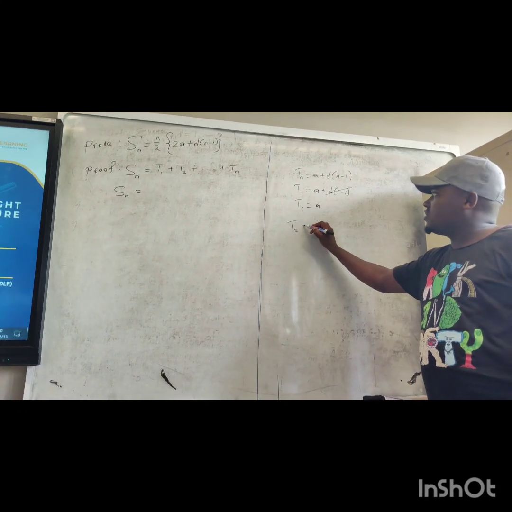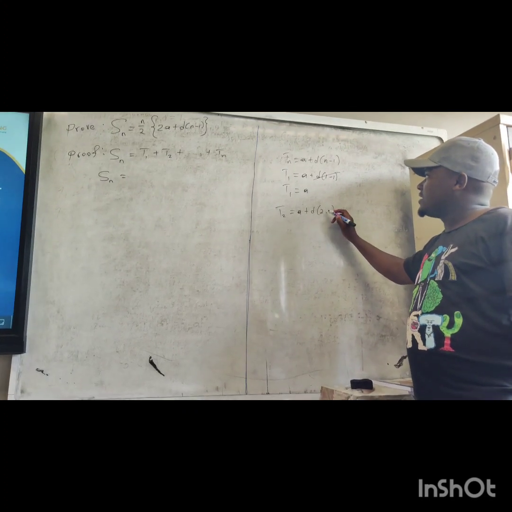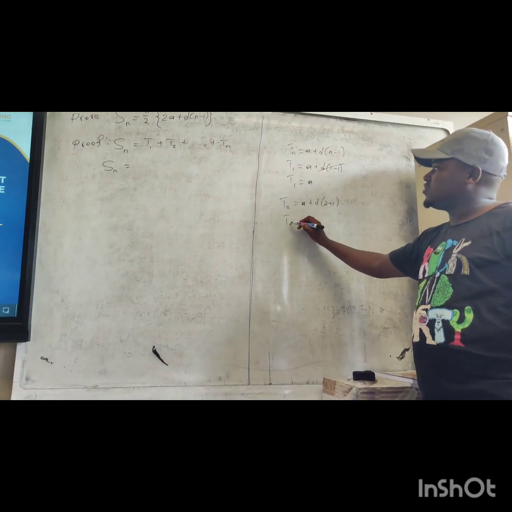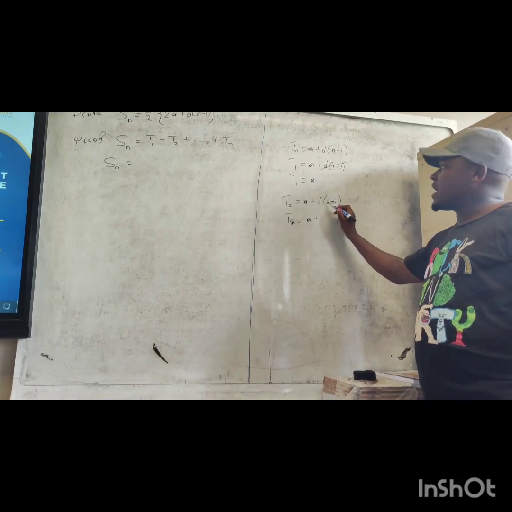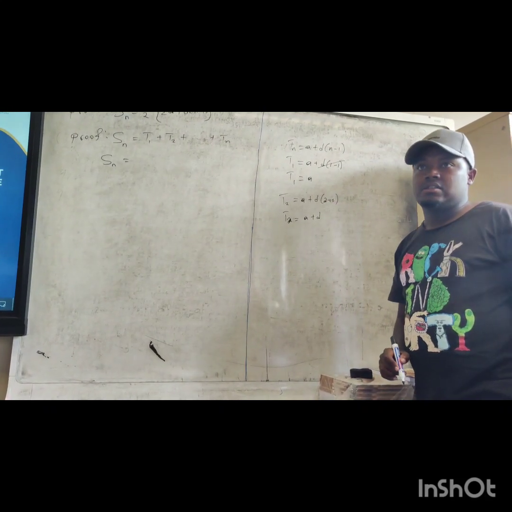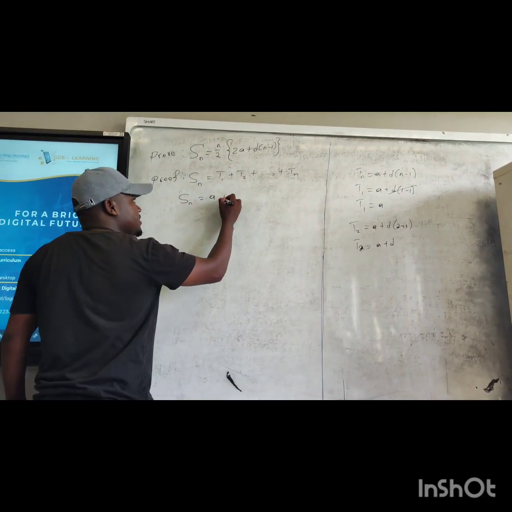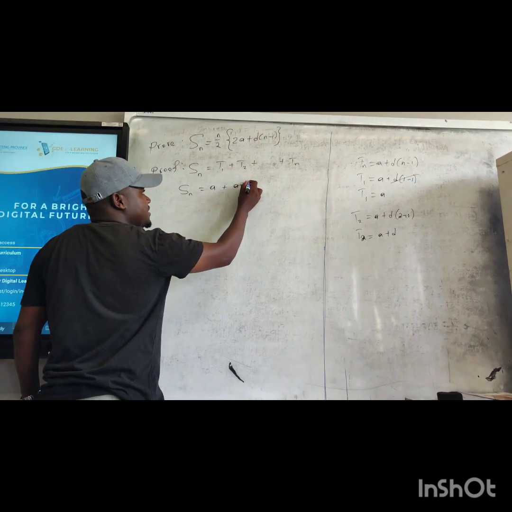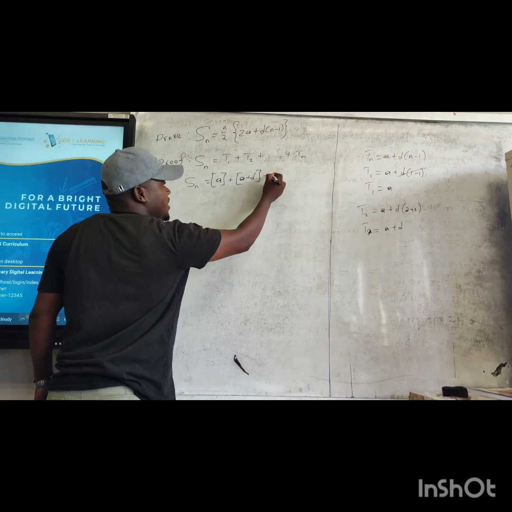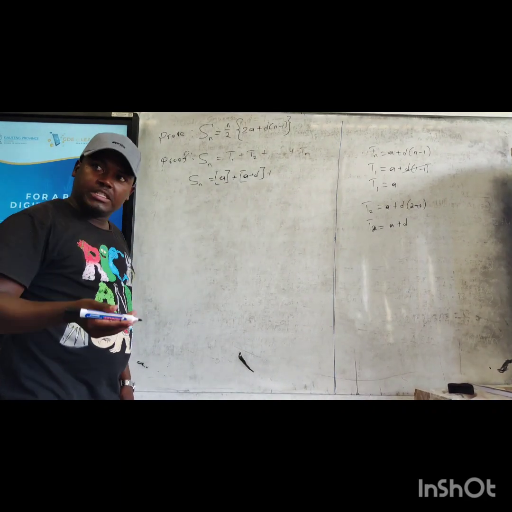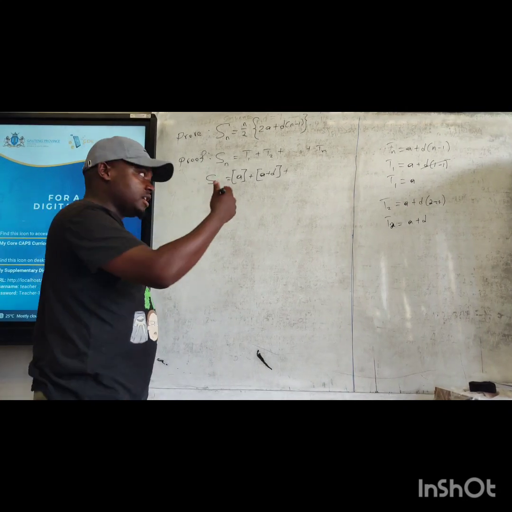And then you can go to T2. T2 is A plus D into 2 minus 1, and 2 minus 1 is 1. So T1 is A, T2 is A plus D. And T3 will be A plus 2D, A plus 3D, A plus 4D, and so on.